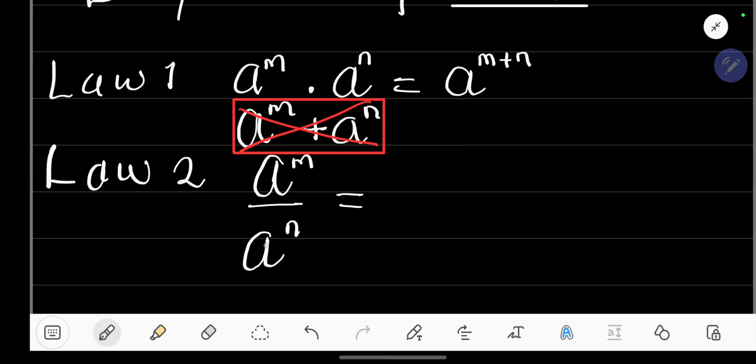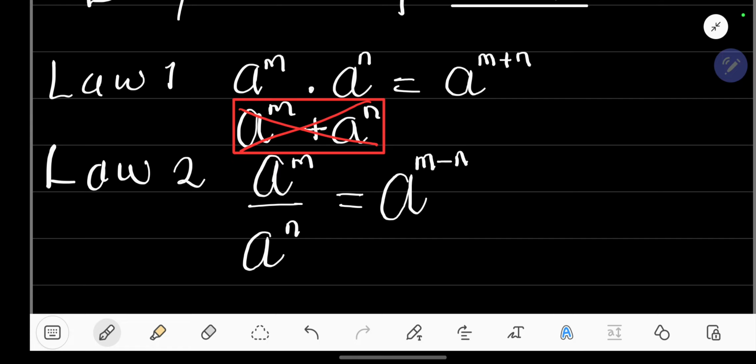So you take one of the bases, this a represents those bases that are the same, and then you take the exponent on the numerator, not the one on the denominator, this one, m, minus the exponent on the denominator, n.